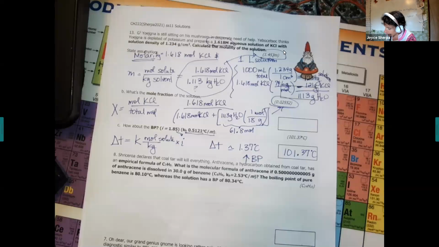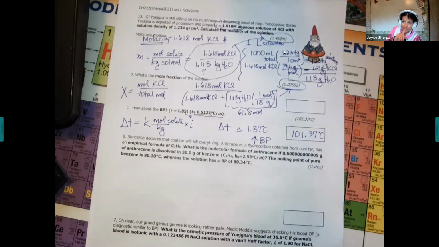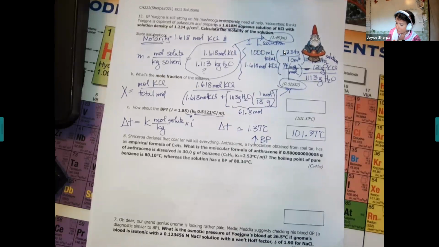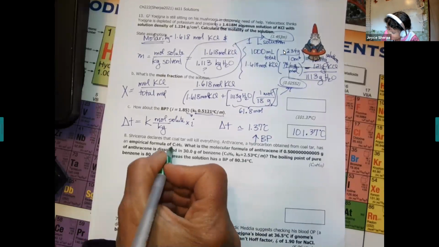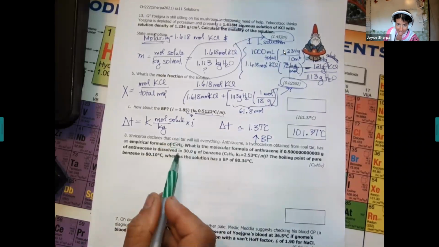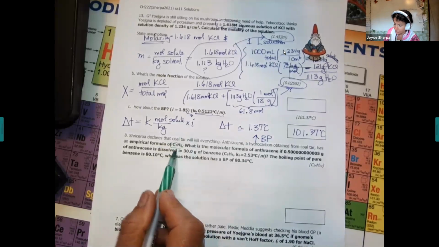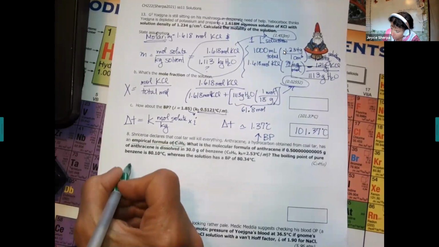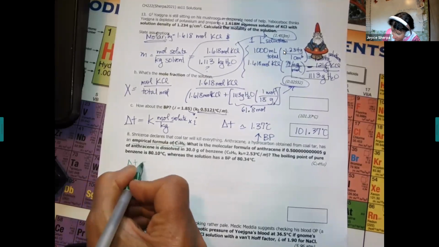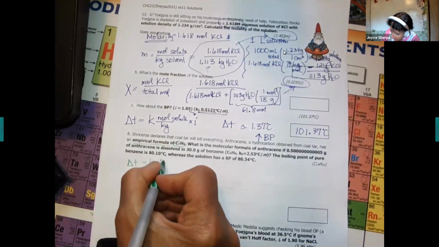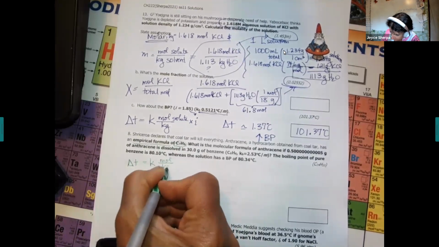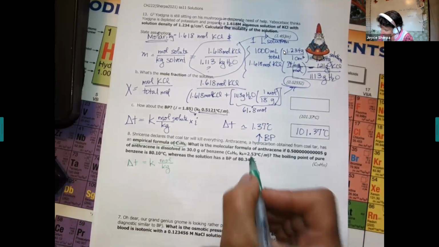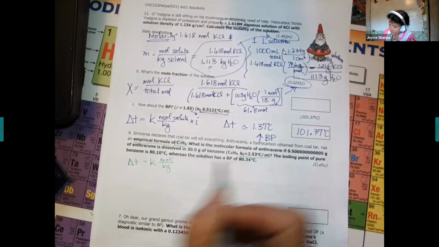All right, on number 8, so this one always confuses people, and it's because we cannot use this formula, because it's an empirical formula. So we are going to still use delta T equals K times the moles per kilogram. I gave you a KB here.